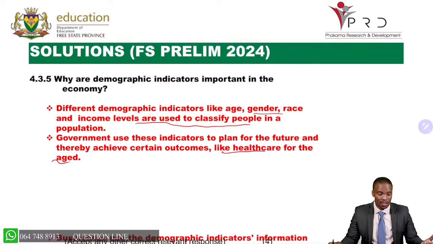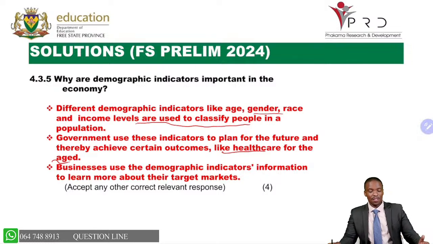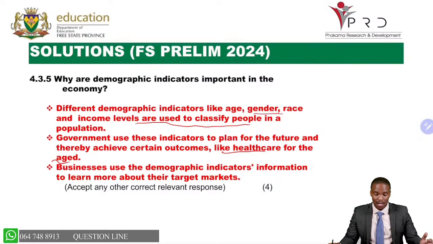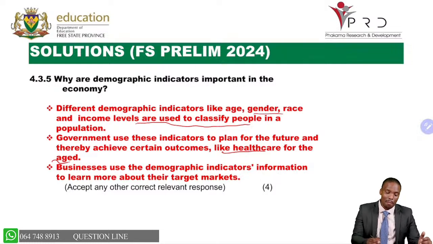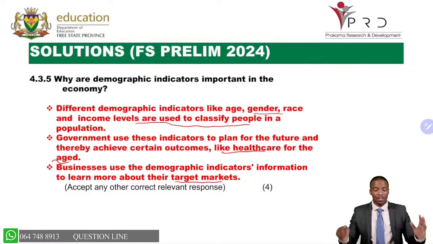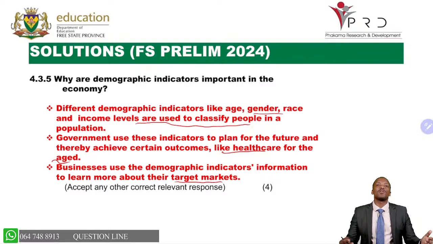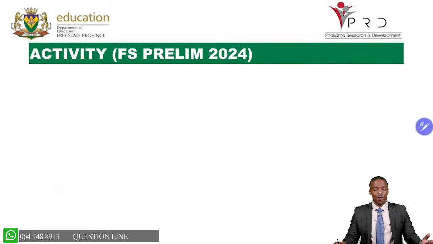That is why we need to look at the issue of demographics. And businesses use this demographic indicator information to learn more about their target market. So this is why these demographic indicators are very important. Then we say learn them first, then be able to apply them.